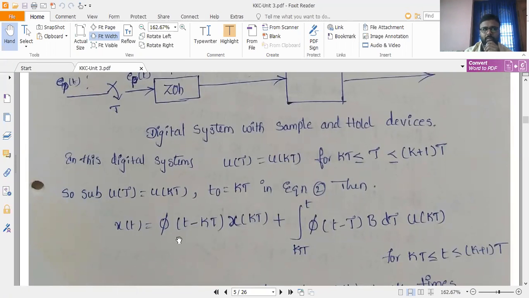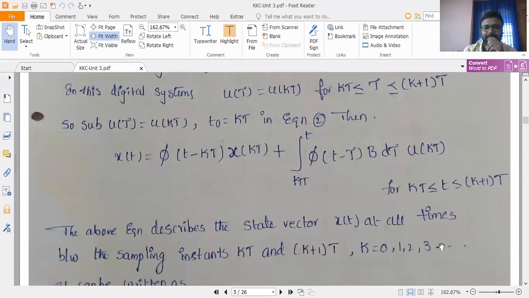Therefore x of t is equal to phi of t minus kT into x of kT plus the integral from kT to t of phi of t minus tau into B into u of kT, since u of tau is substituted as u of kT and t naught as kT.